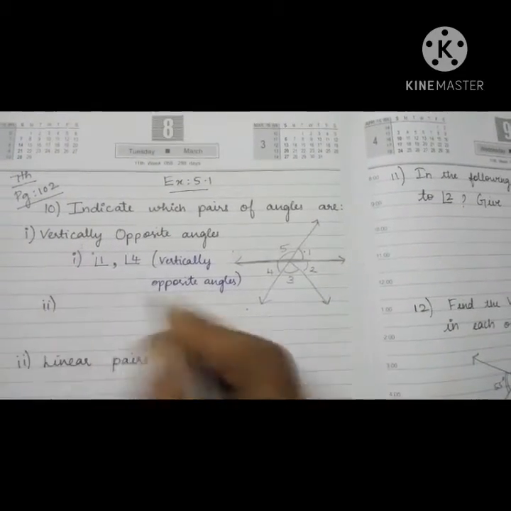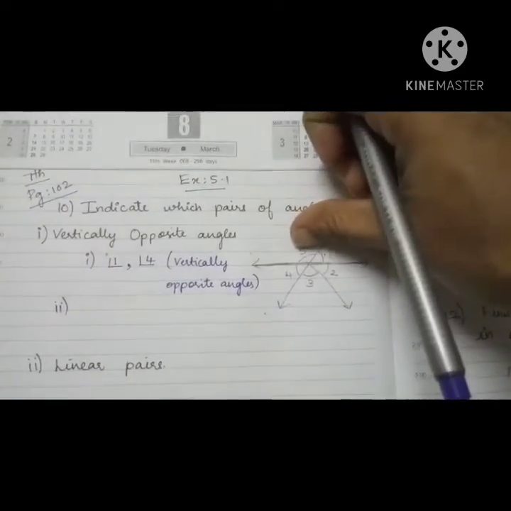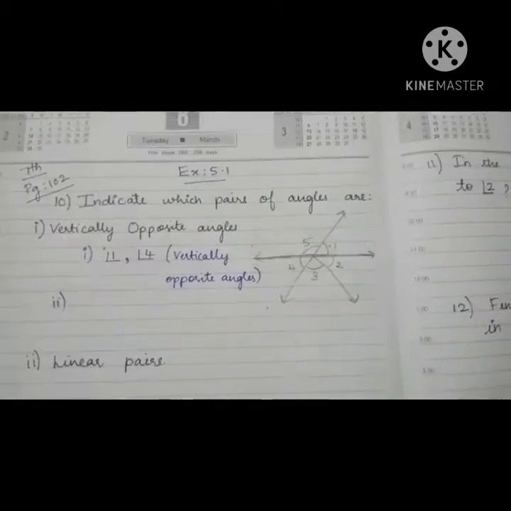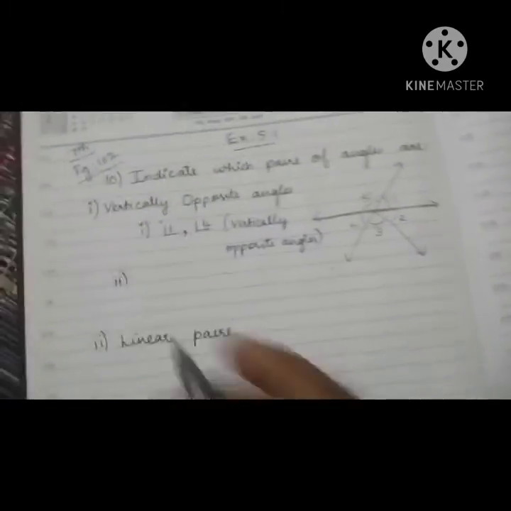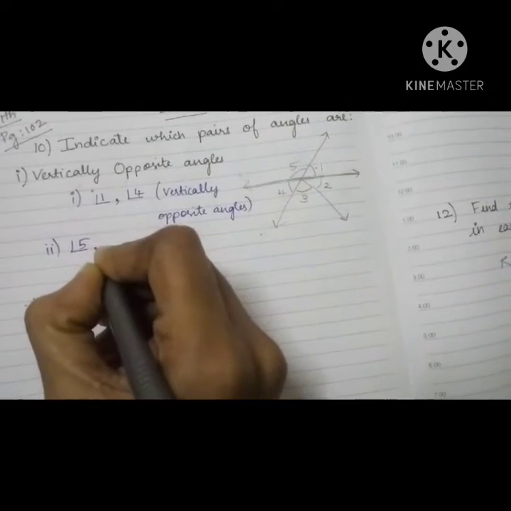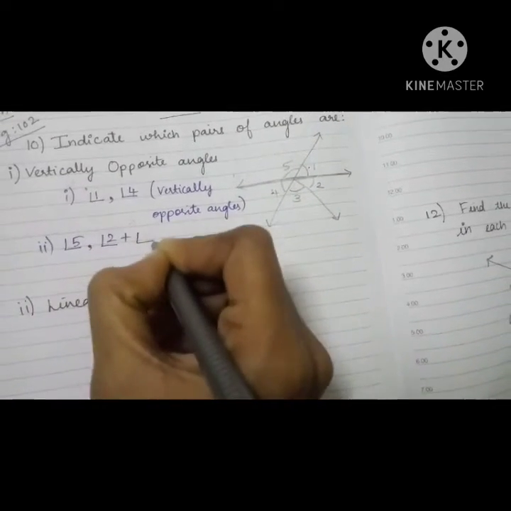Next, what is the next vertically opposite angle? Angle 5 is equal to 2 plus 3. Correct? If you add 2 plus 3, which is equal to angle 5. Yes. So, angle 5 comma angle 2 plus angle 3.